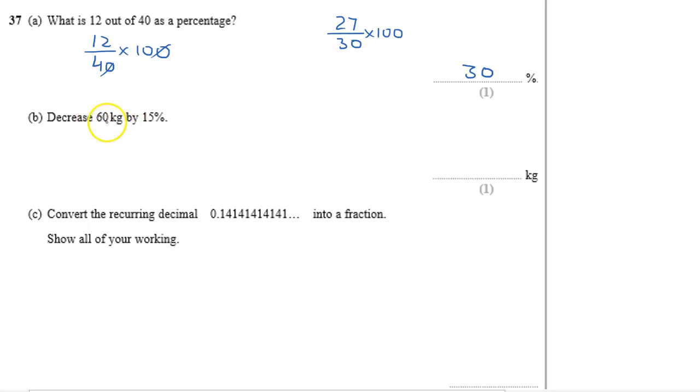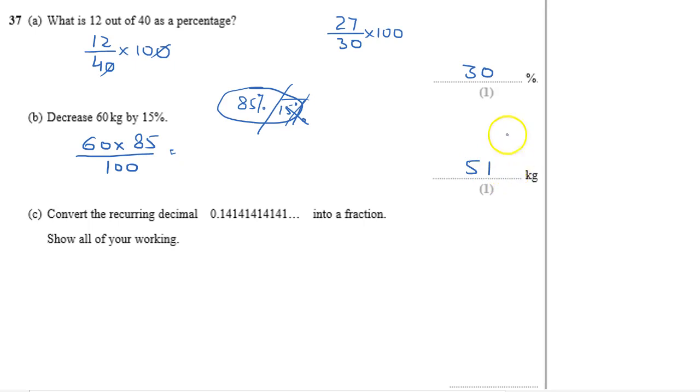Decrease 65 kg by 15%. Suppose this is 60 kg and we are decreasing it by 15%. So the remaining is 85%. So 60 multiplied by 85 over 100 is 51.